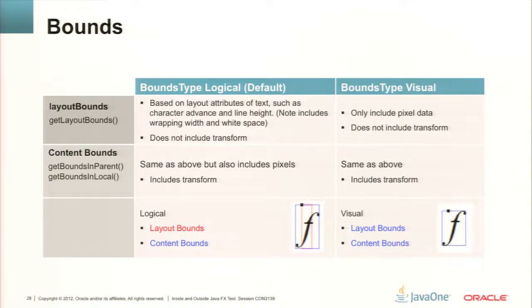You can see the red box shows you that the left and rightmost parts of the italic F are outside of the visual bounds, but at the same time, the height is way too much to account for the height of the F. And visual bounds are much tighter. So it'll depend what you want, but the default is logical.